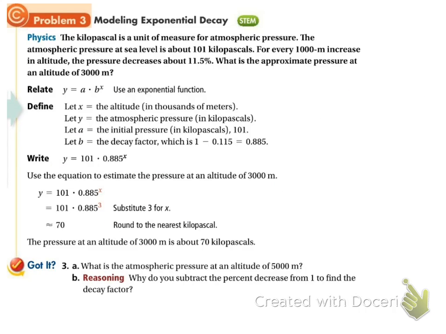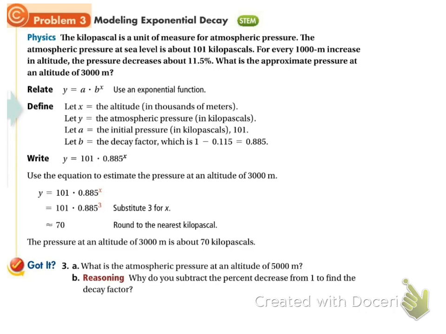So, the kilopascal is a unit of measure for atmospheric pressure. The atmospheric pressure at sea level is about 101 kilopascals. For every 1,000 meter increase in altitude, the pressure decreases about 11.5%.